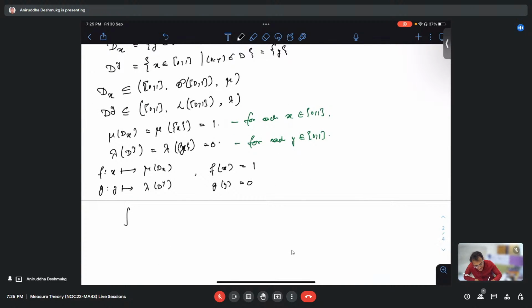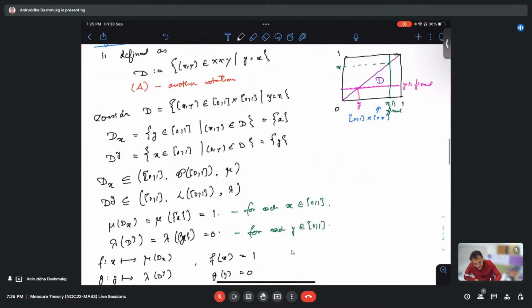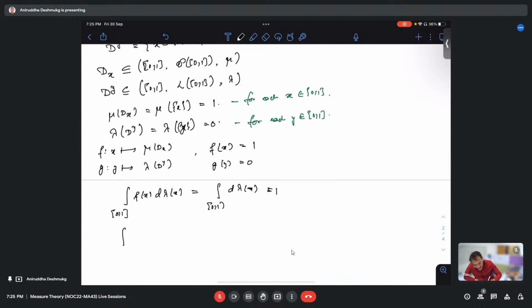Therefore, the integral of f(x) d lambda(x) over [0,1], now f(x) is 1, so it is just the integral of d lambda(x), which is 1. On the other hand, the integral of g(y) on [0,1] with the counting measure is the integral of the function which is now 0, which is 0, and therefore these two are not equal.